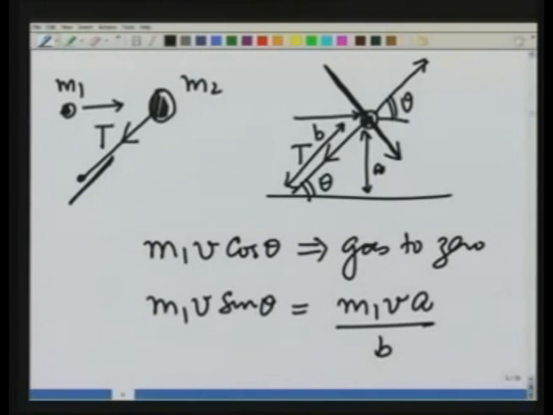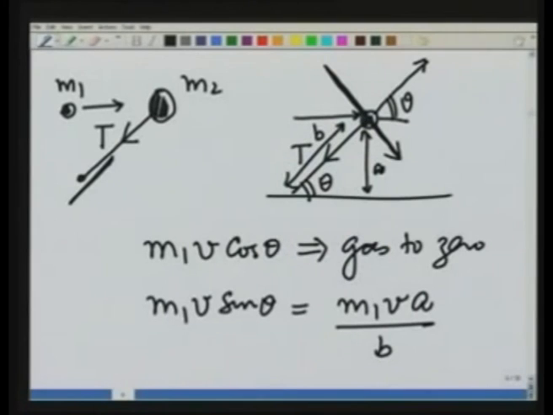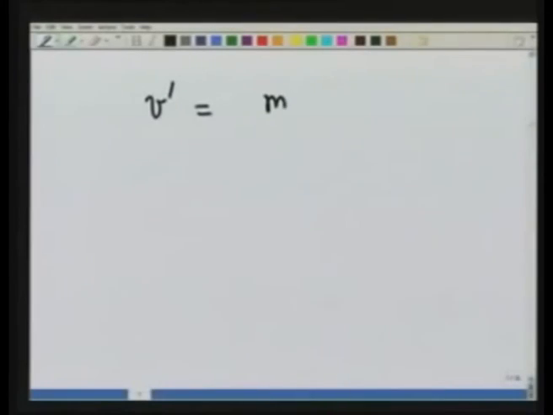And this momentum remains the same, but now after the mass m1 gets stuck with mass m2, the mass changes, and therefore, the velocity v prime is going to change, and this is therefore going to be m1 plus m2 times v prime, where v prime is the new velocity in this direction, and this gives me v prime equal to m1 v a over b times m1 plus m2.